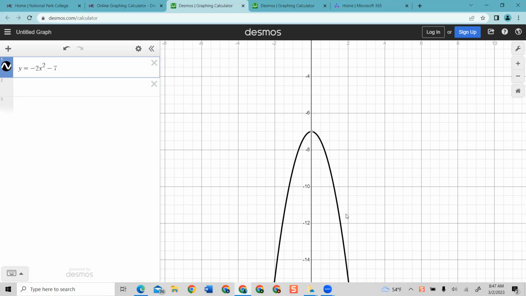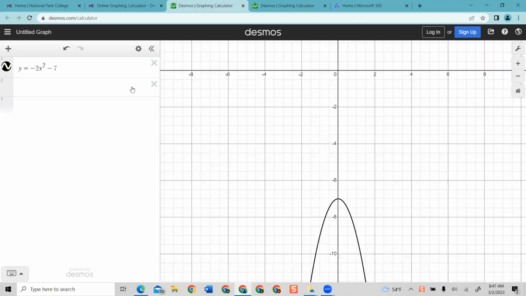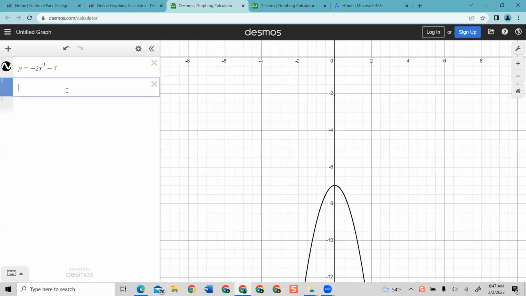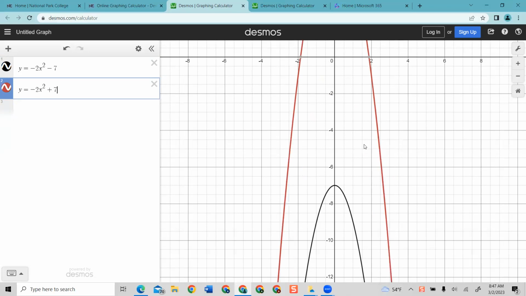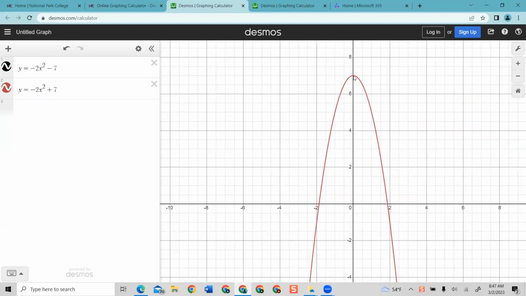We don't have an x-intercept because it's going downward and it's below the axis. If this were a positive 7, so let's go y equals negative 2x squared plus 7. Oh, what happens? It's above the x-axis, so we're going to have x-intercepts, and there's my y.